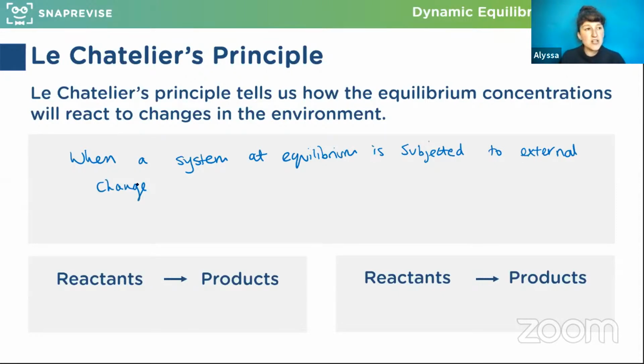So we try to change the pressure, we try to change the concentration, we try to change the temperature, etc. So when a system that is at equilibrium is subjected to external change, when we try to change it, the system reacts or adjusts to reverse that change.